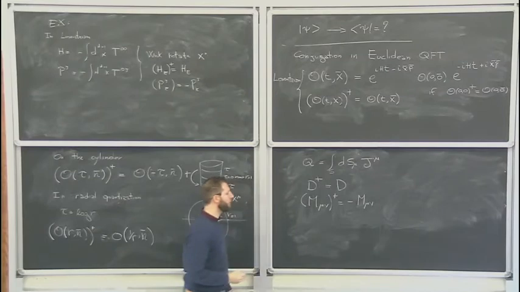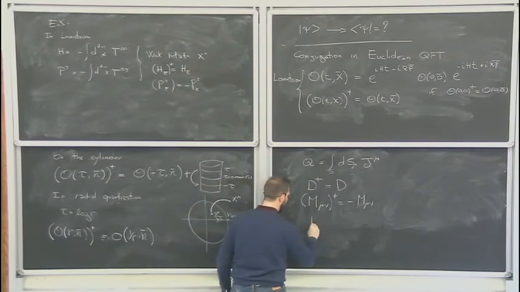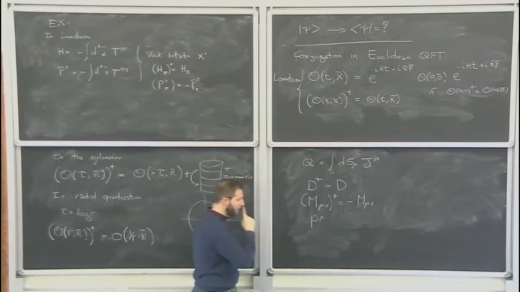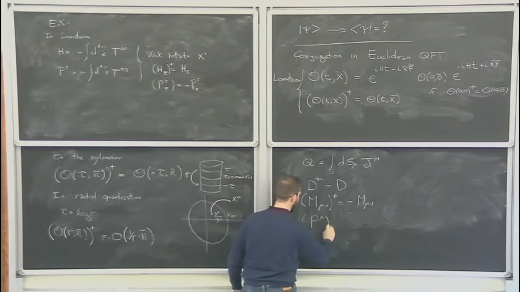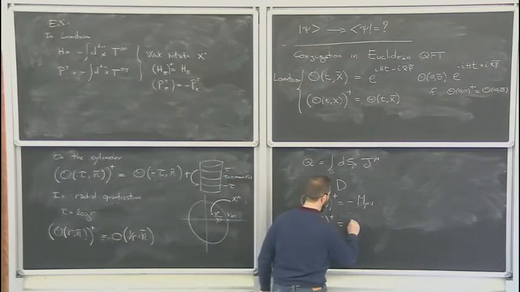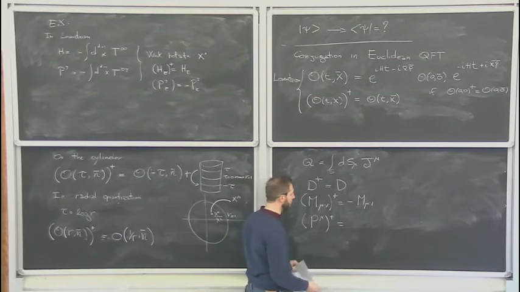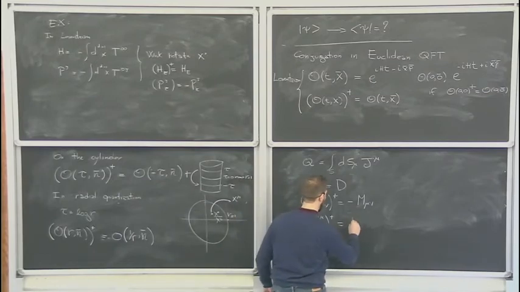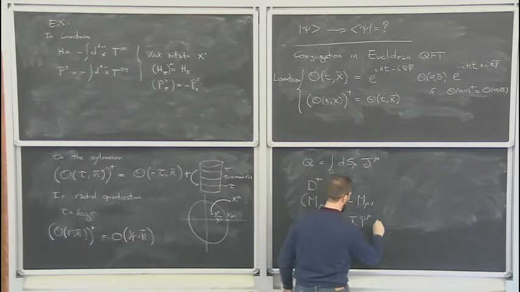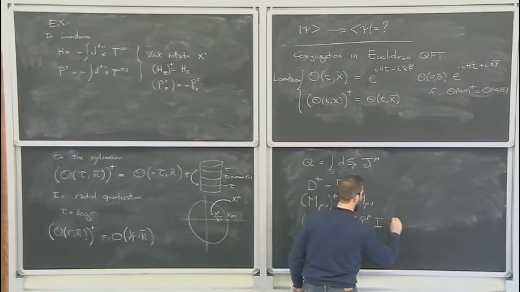But the more important one is P mu dagger. If you remember what we said yesterday, composing a translation with the inversion corresponds to performing a special conformal transformation, K mu.